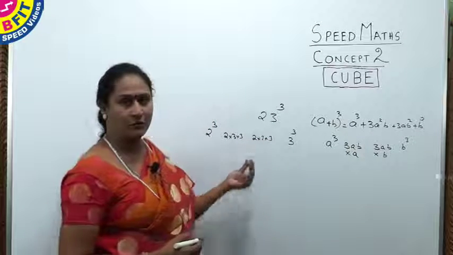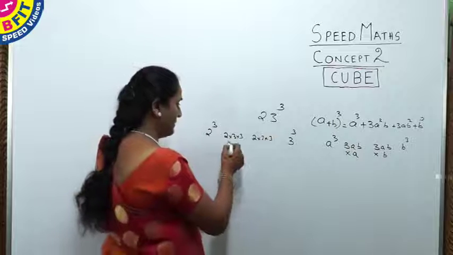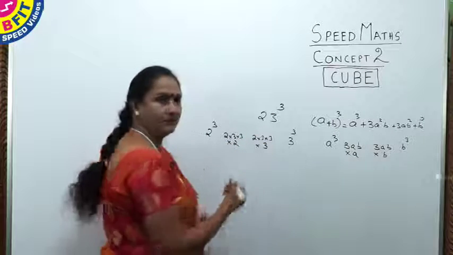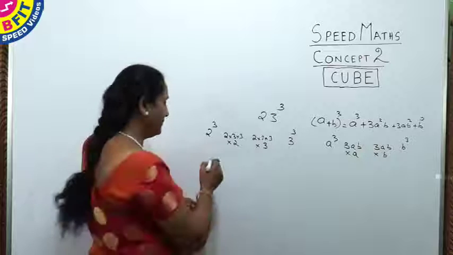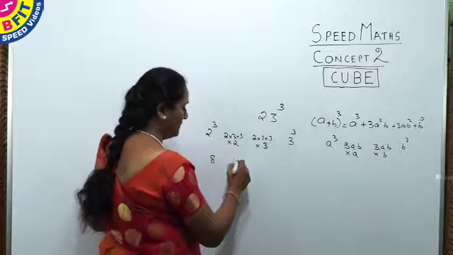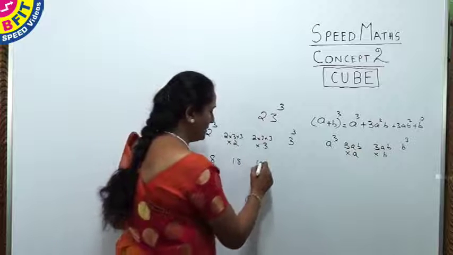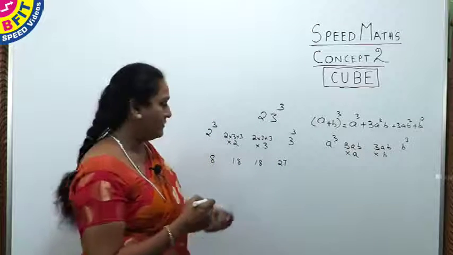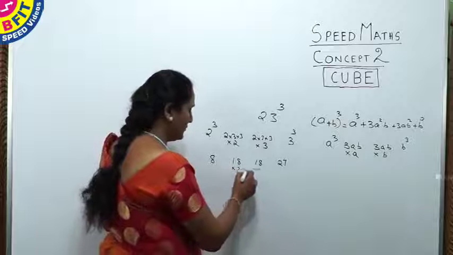Now this is multiplied with the first term 2 and this is multiplied with the second term 3. So what is 2 cube? It is 8. What is here? 2 into 3 into 3, it is 18. So repeat this 18 twice, and what is 3 cube? It is 27. So the first 18 is multiplied with 2.